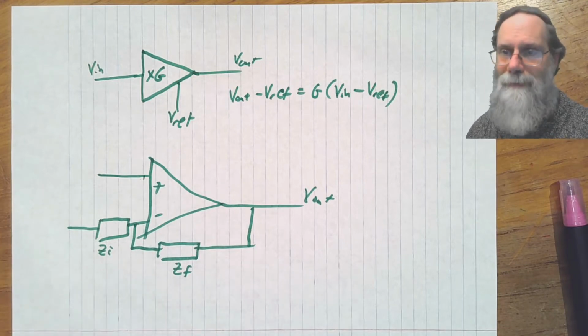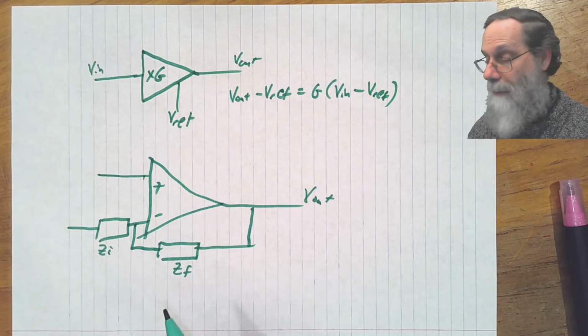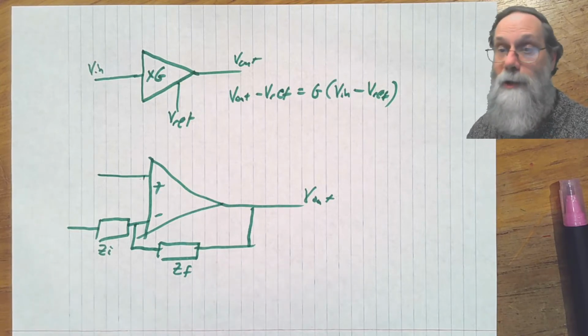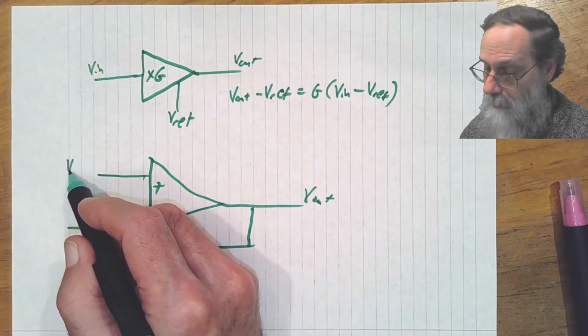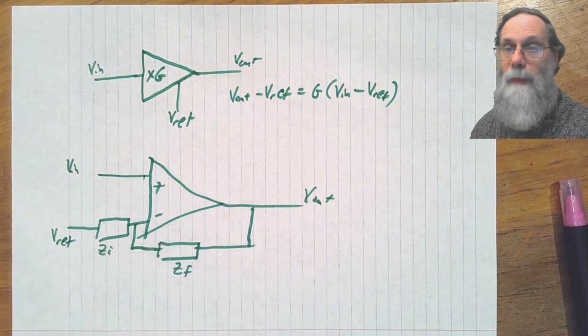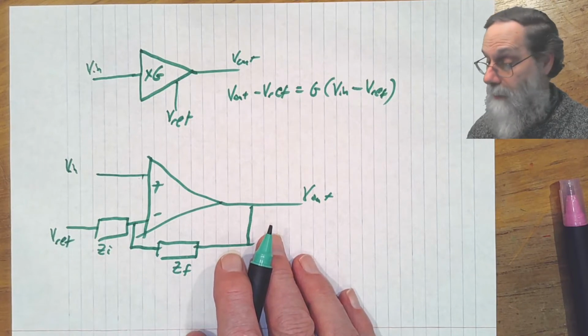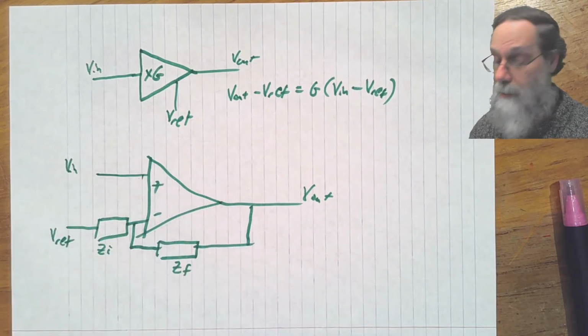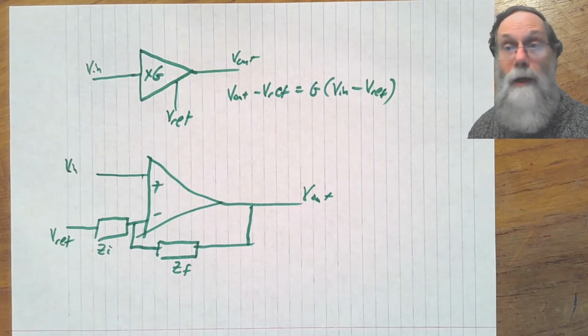Okay. Back from that digression, let's take a look at what the gain would be for this amplifier. And we'll arbitrarily pick one of the two configurations. Let's say V in on top and Vref on the bottom. Now we'll need a formula for what the negative feedback amplifier does in terms of these two inputs, and we had that in a previous video.